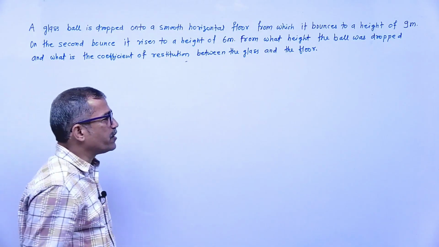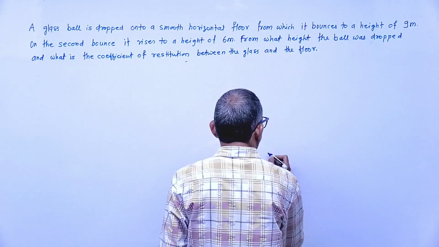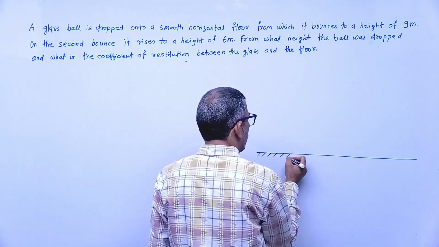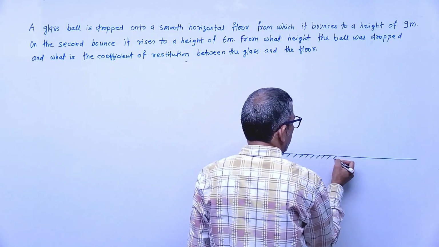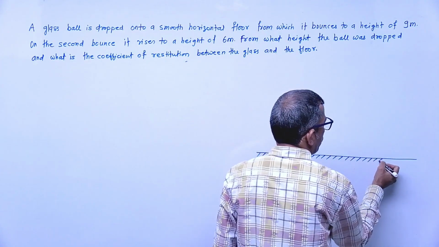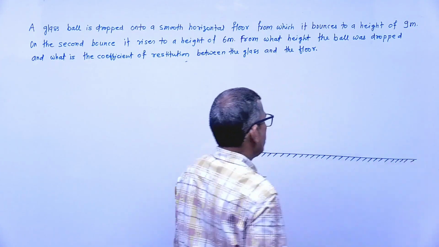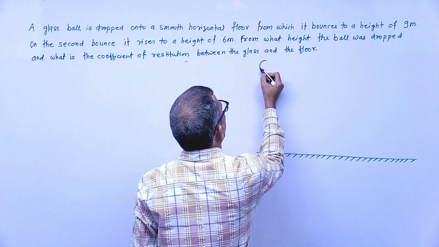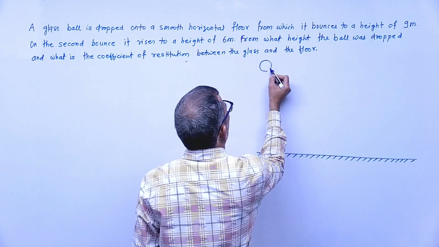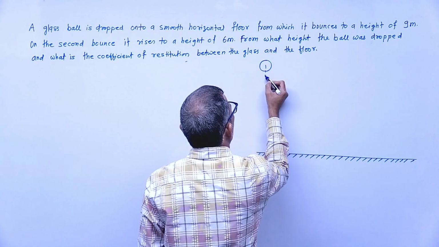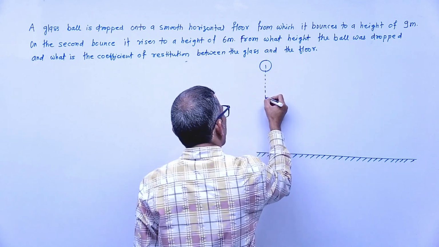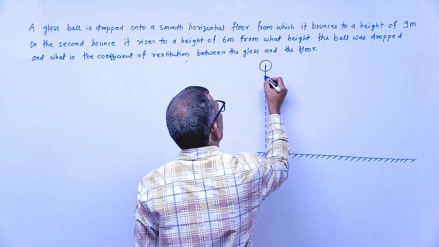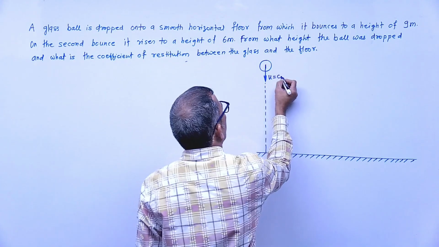I will draw one simple diagram first. Suppose this is a ground, the floor. Both impact bounces I will represent so that solving the problem becomes very easy. Initially the ball is dropped, so the initial velocity is 0, U equal to 0.